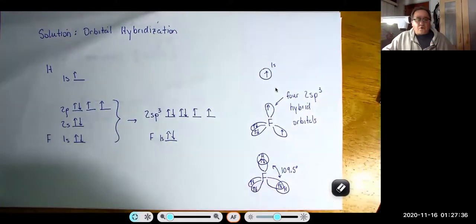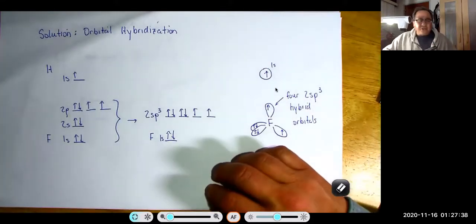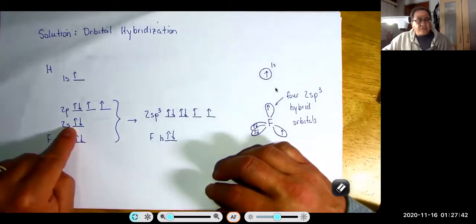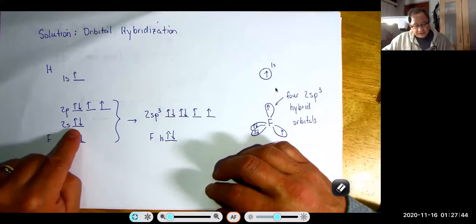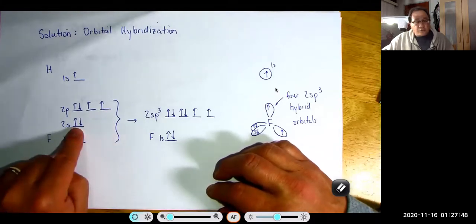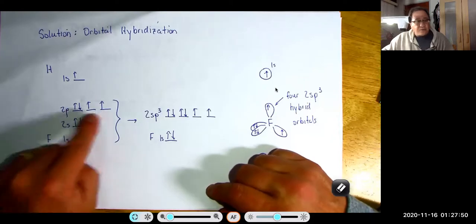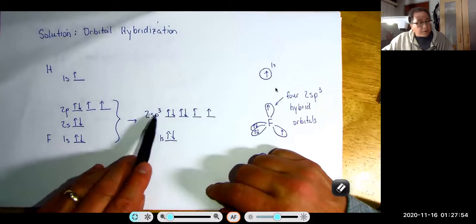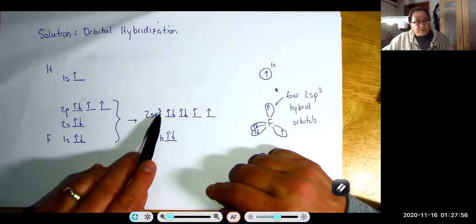Now, those four orbitals are an even mixture of these four orbitals that make them. So that means they're going to be 1 part s and 3 parts p, because we're mixing 1 of the s orbitals and 3 of the p orbitals. So that's why they're named sp3, because they're 1 part s and 3 parts p.